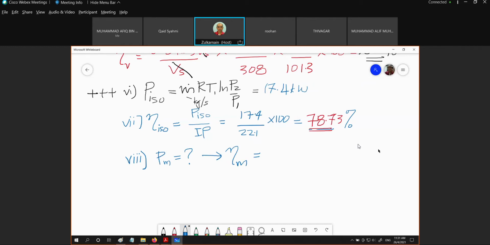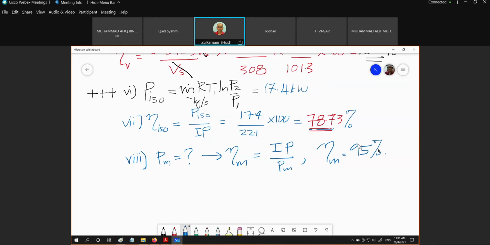The desired output, which is our IP, divided by our required input, which is the P for the motor. So if you are given the mechanical efficiency of, let's say, 95%, meaning that this is 0.95.